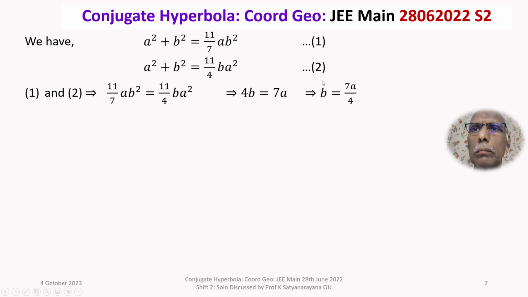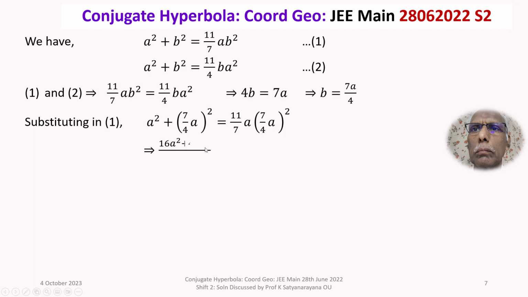Take this value of b and substitute in 1. So this will have a square plus 7 by 4 a whole square is equal to 11 by 7 a into b square, which is 7 by 4 a whole square. Now take the LCM here. This is 16a square plus 49a square by 16.